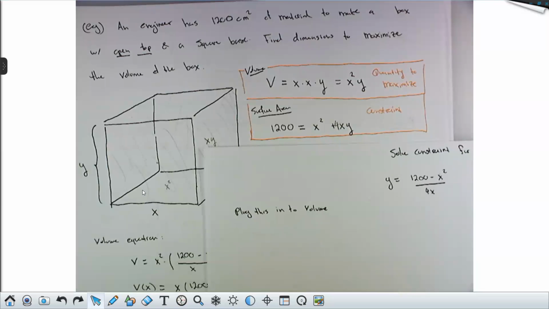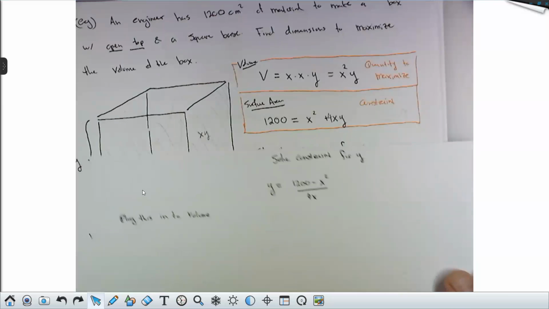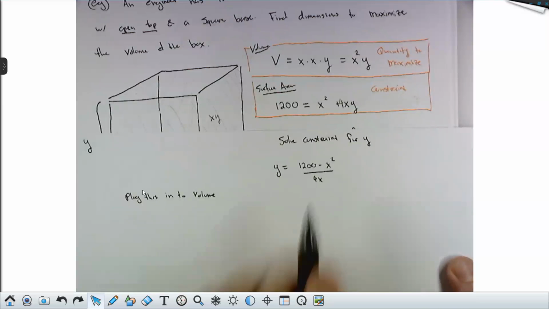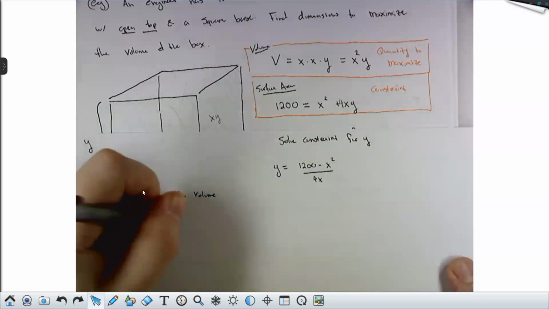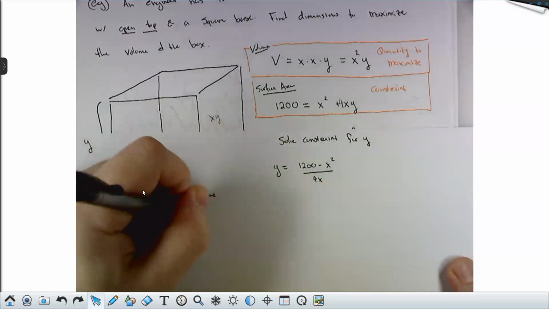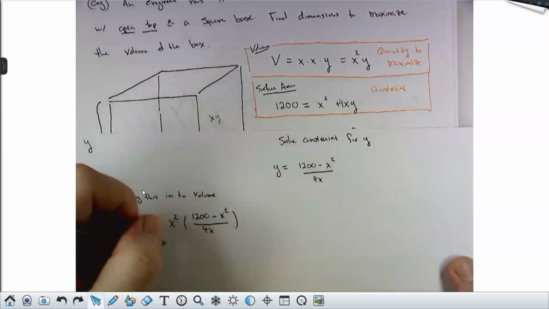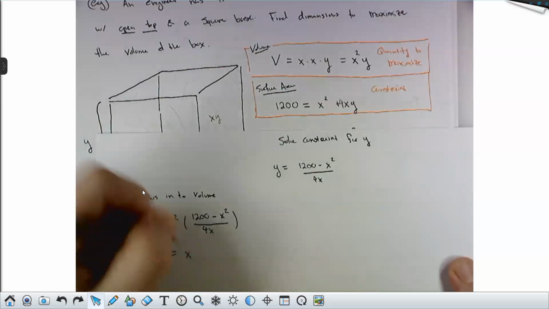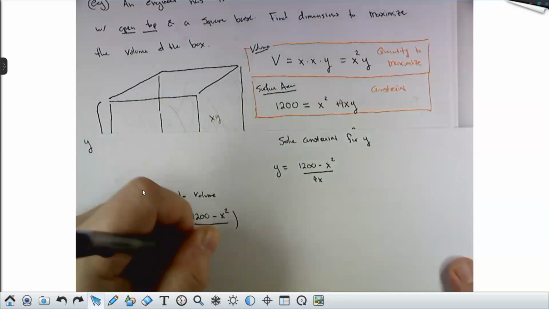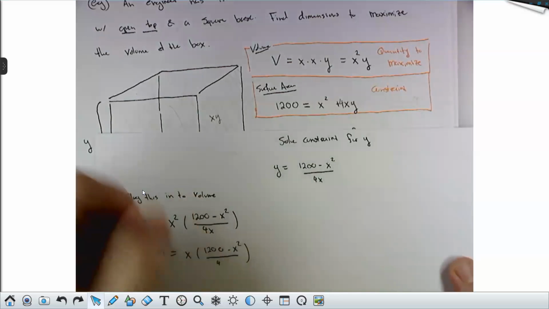So if I take this back to this step and plug this into my volume expression, V is equal to x squared times y. y is (1200 minus x squared) over 4x. We get V of x as a function of a single variable. You cancel the x's again. You'll get x times (1200 minus x squared) over 4.